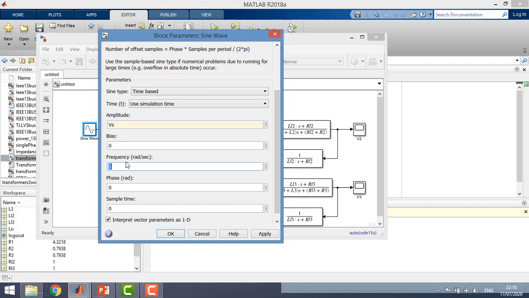So the frequency we've mentioned in hertz, we need to change it to one with the radian per second.